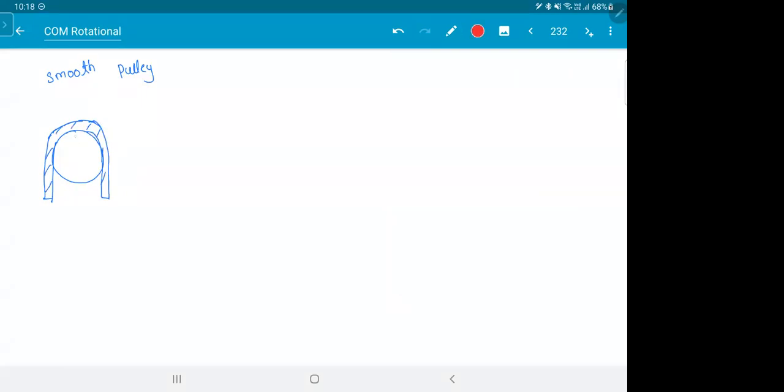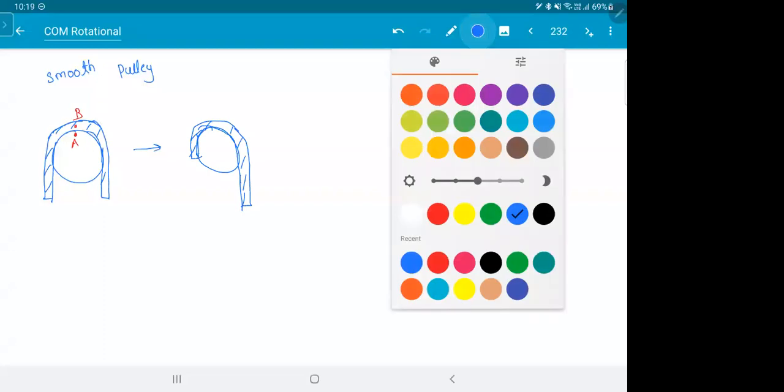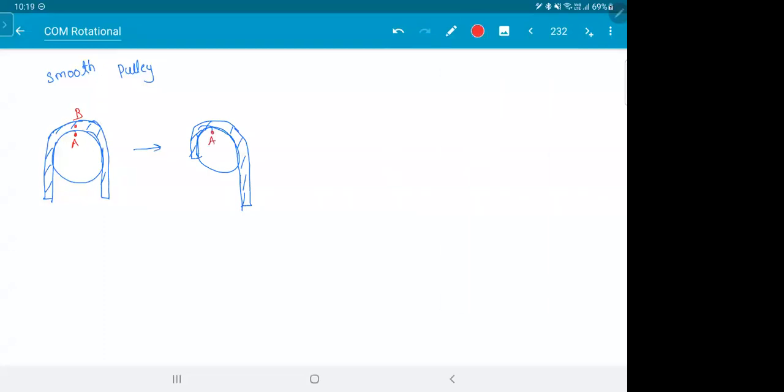If you say this point is A and this point is B, you know what was happening? When the string slides, the point A is still here, the point B has come here. A smooth pulley never rotates. So in all the problems we did, the pulley never rotated. The pulley was just standing there. The string was simply sliding over it.